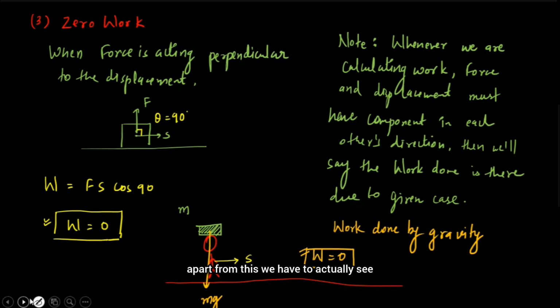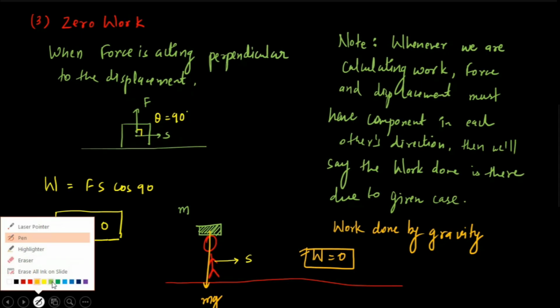Apart from this, we have to see how we can actually calculate the work. So let me just take a very simple example. Just try to find out what is going to be the work in the given case. The question is pretty simple. The question says that the object is initially moving with 20 meters per second.